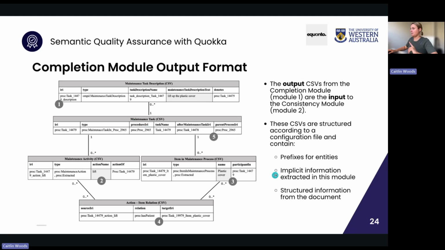It contains the implicit information from the procedure step text that has been extracted in this module, for example, lift up and plastic cover. And it also contains the structured information from the document, such as the steps themselves, the tools and resources required for performing the procedure, etc.